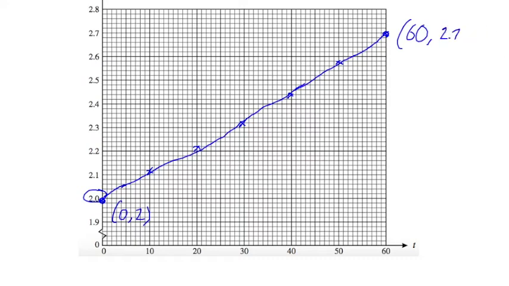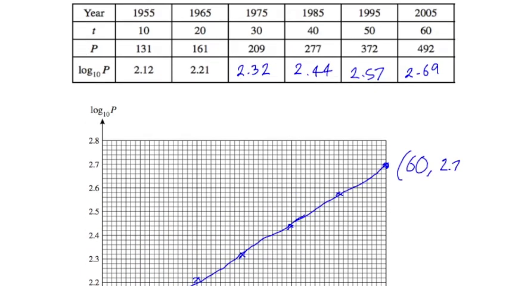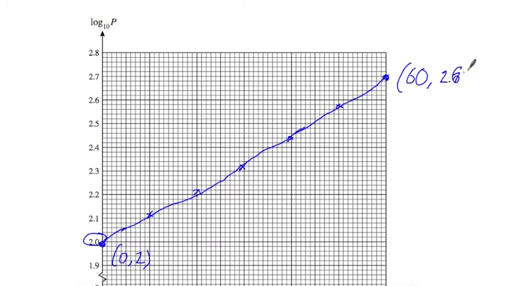I know there is an exact value, but let's use 2.69. So then the gradient's going to be 2.69 minus 2 over 60 minus 0, which is 0.0115.